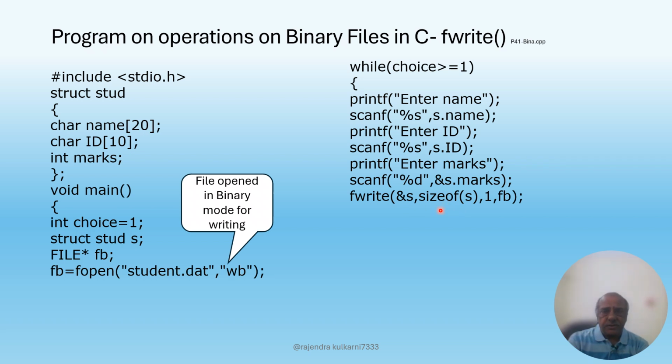Size of is a function which gives us the number of bytes used by the variable whose name appears in the parentheses following the size of. Then 1 comma fb. fb is the pointer to the file which we have declared as file star fb here.